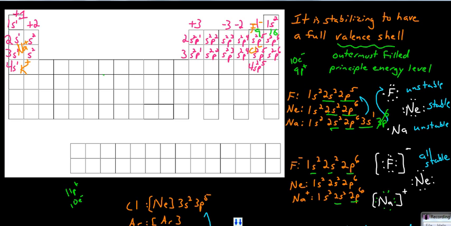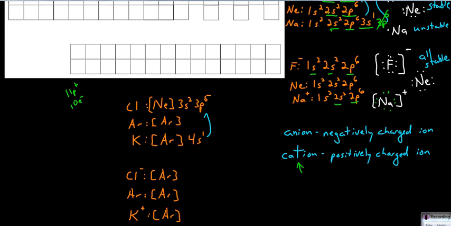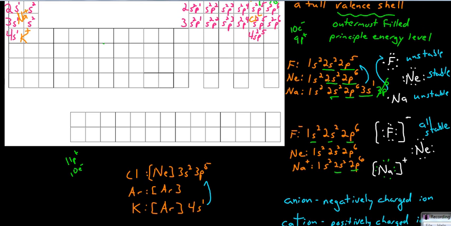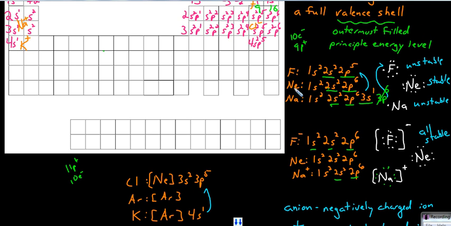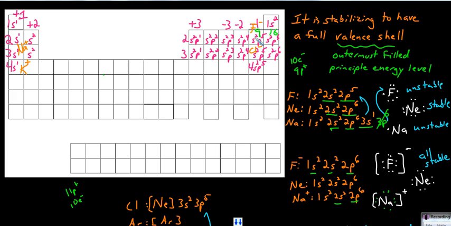We can see this because chlorine is just like fluorine. You see, they both end in P5. We can see that they're in the same group.